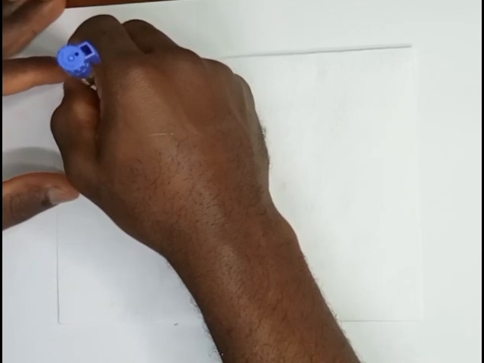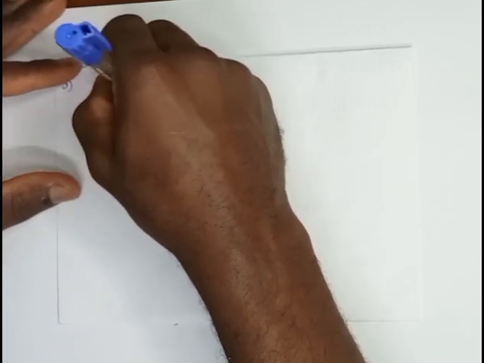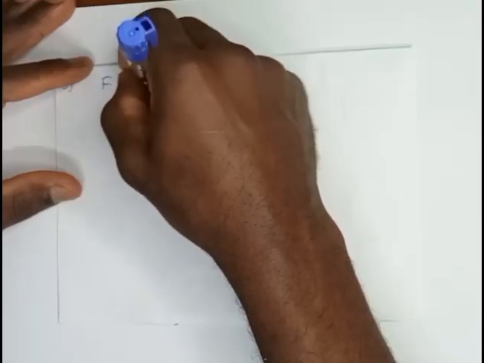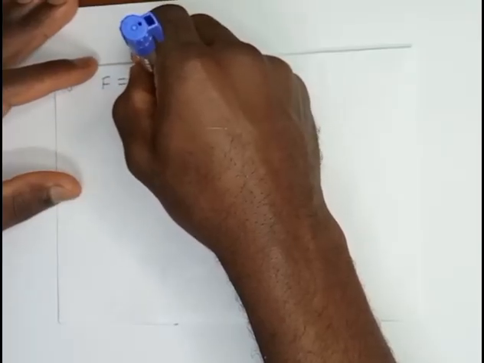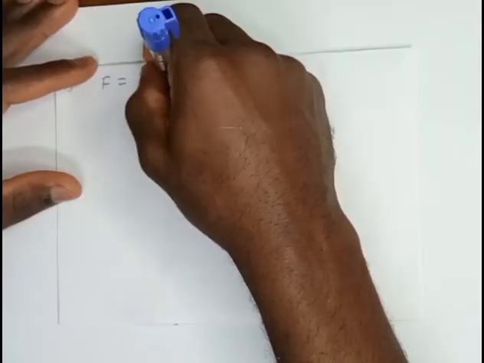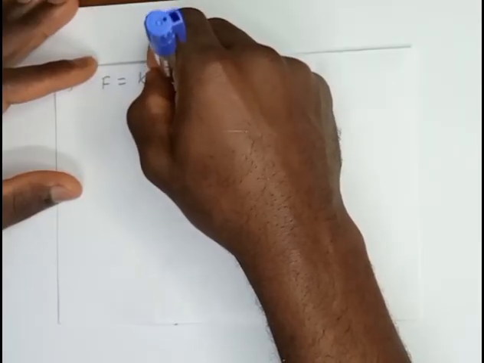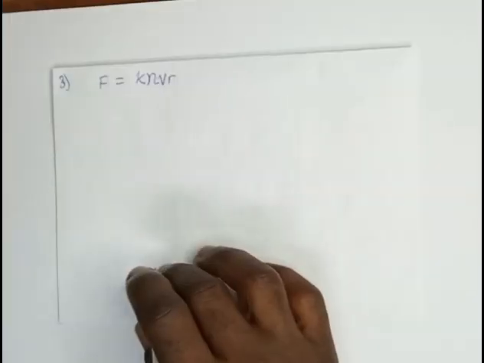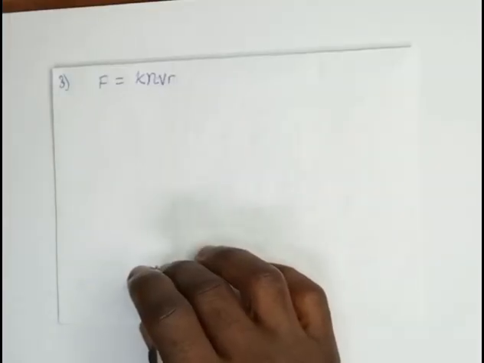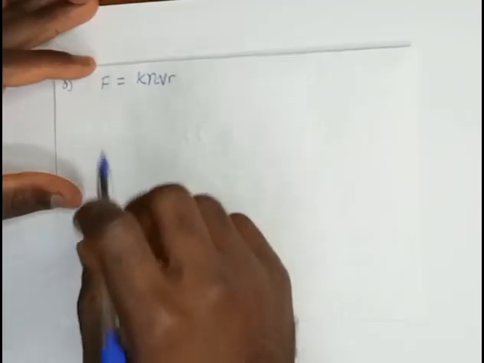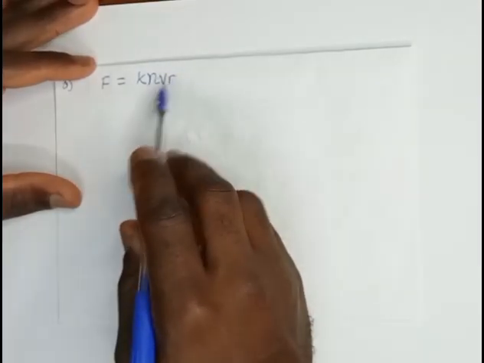First step, we are going to start by writing down the given equation, which is F equal to K times eta times V times R. Next step, we are going to make eta the subject of formula. That means we are going to divide all through by KVR.